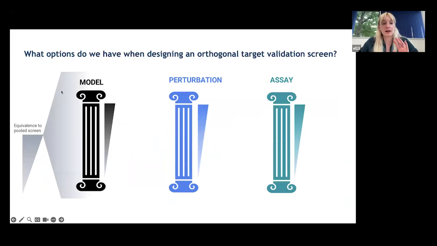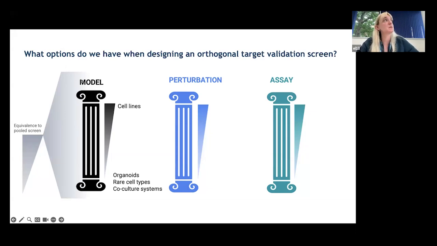The way I like to think about it is the three pillars of a CRISPR screen, which are the model that you're going to use, the perturbation method that you'll use, and the assay that you'll read out the effect. When we think about the model, the generalization is that in your pooled CRISPR screen, you will have used some form of a cell line.